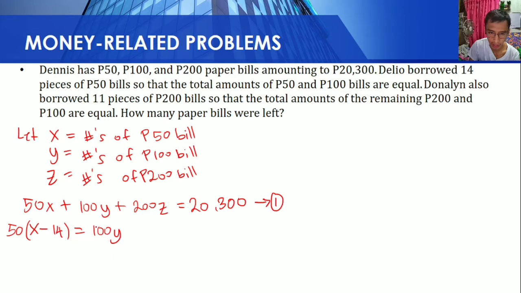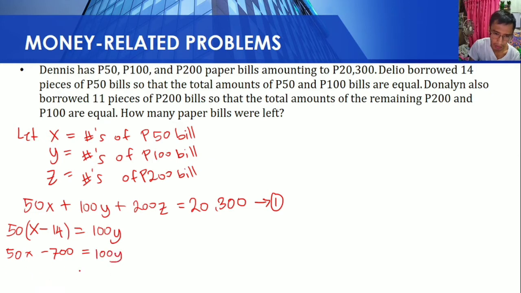So simplify natin tong equation 2 natin. So kunin natin yung value ng y in terms of x. So para matira na lang yung y doon, i-divide natin ng 100 both sides. So simplify muna natin. So that will be 50 times x minus 50 times 14, that is 700, is equal to 100y.